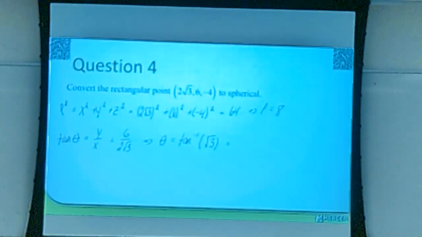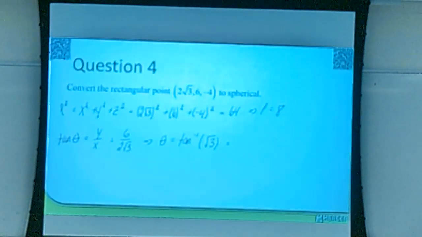Inverse tangent of root 3. Root 3 over 2 divided by 1/2 is not root 3.